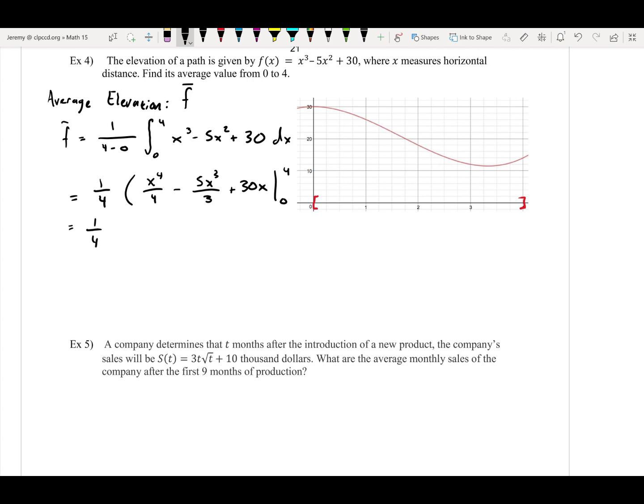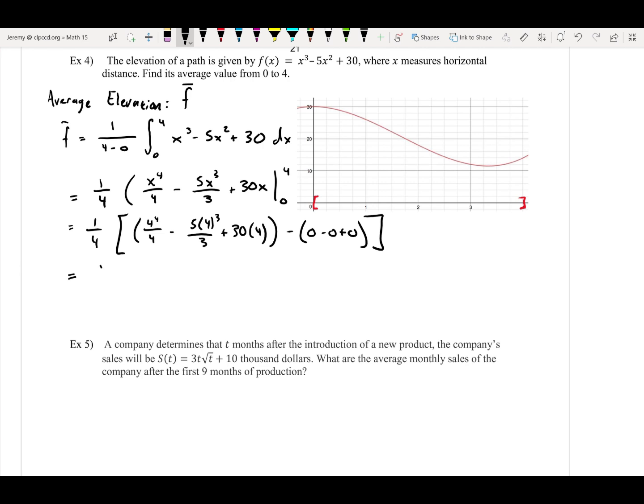So we'll have 1/4 times, plugging in 4, we'll get 4 to the 4th over 4 minus 5 times 4 cubed over 3 plus 30 times 4. And then minus this whole thing evaluated at 0. This is one of those nice ones where we just get 0 minus 0 plus 0. So that all goes away. That's nice.